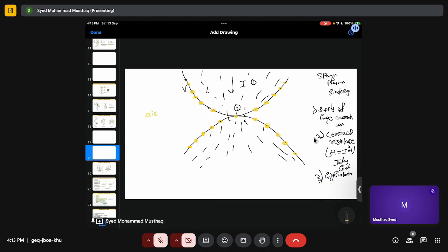Whenever I have very high voltage, and because of this high voltage, here I have gas molecules. That means air is nothing but gas molecules. For example, if I have, let's say, this is my atom, positive, negative, right?